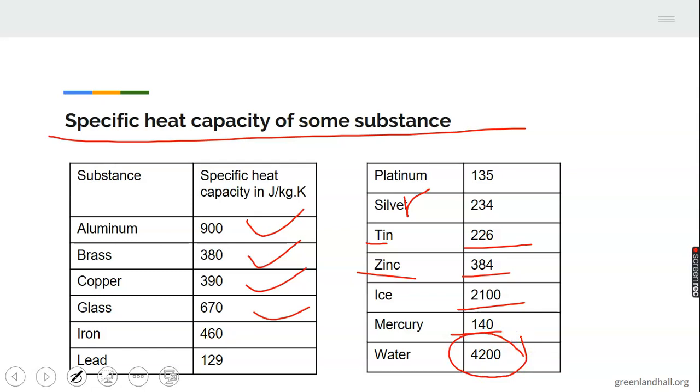You can see water has a tendency to absorb heat more than every other substance.